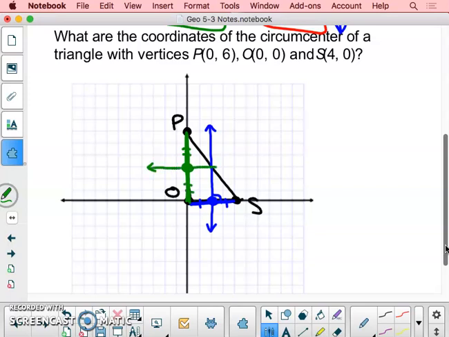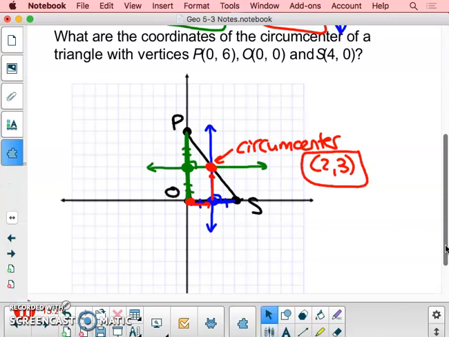To go 90 degrees through the midpoint, I need to go horizontal, which means now I have an intersection which I can call the circumcenter. Okay, so we need to just answer where that is. From 0, 0 here, we're over 2 and up 3, so the circumcenter is at 2, 3.